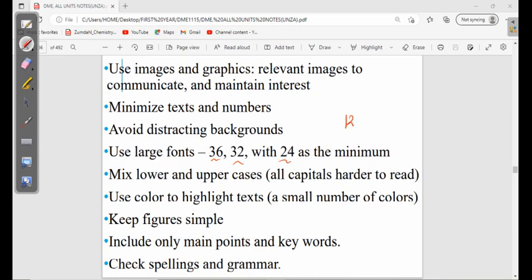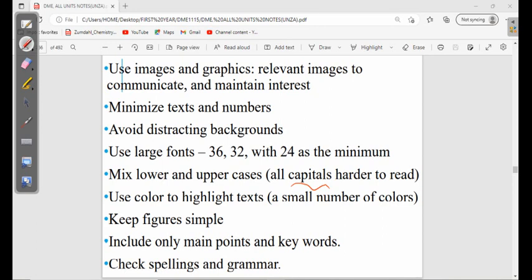How are they going to see? So the minimum we should use is a font of 24. It is also important to mix lowercase and uppercase letters. Don't make all letters capital, because that would be very difficult for someone to read when you use capital letters throughout.